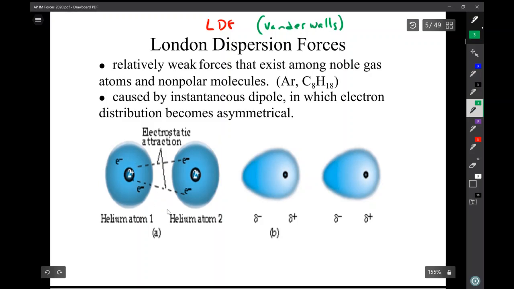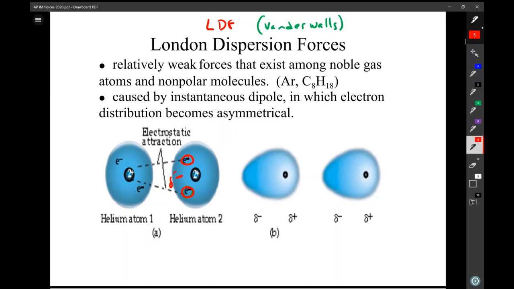At a certain point in time, those electrons are going to pop over to one side. If they pop over on this left side here, this becomes ever so slightly negative.